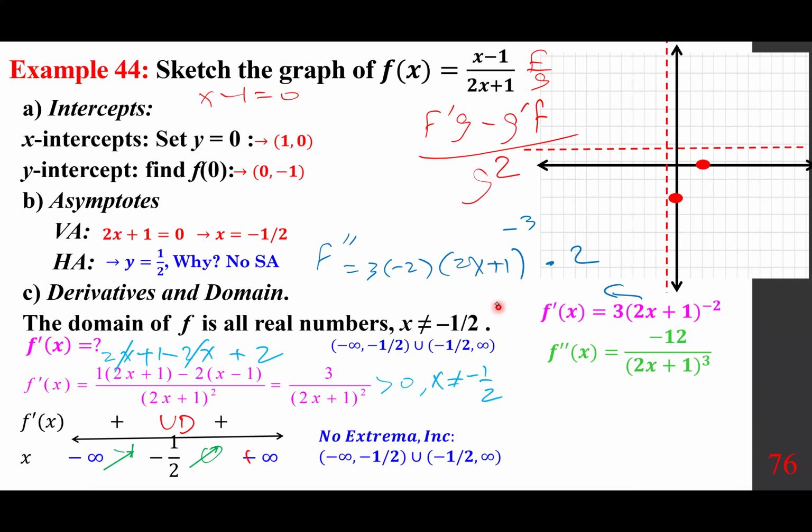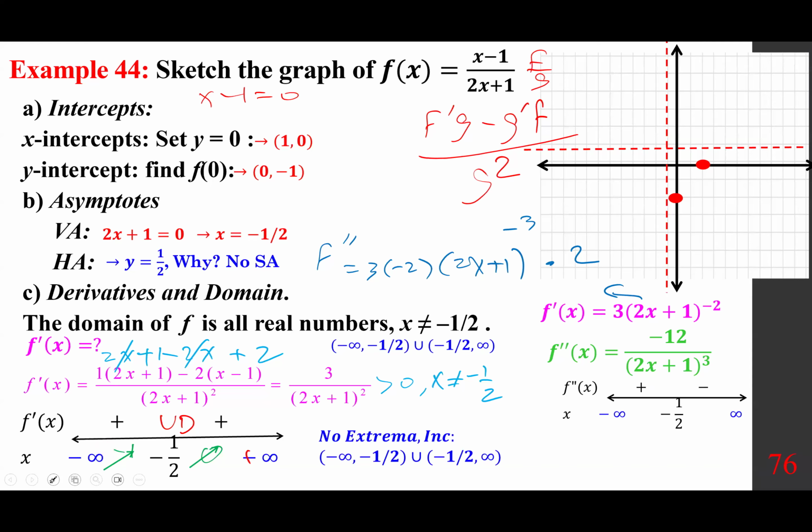We go with the number line, and again, f double prime equals 0, just like f prime of x, doesn't give you any solution. F double prime doesn't exist at x equals -1/2. So with the number line, from negative infinity to infinity, if you put -1/2 over here, it becomes positive here and negative over here.